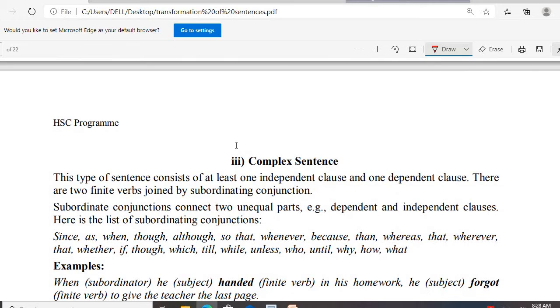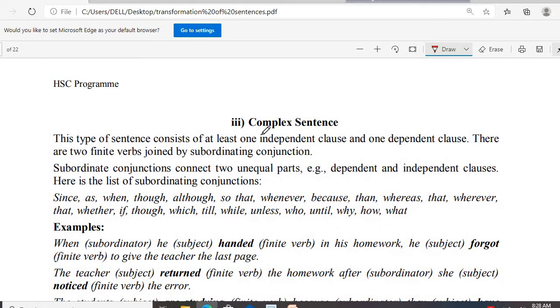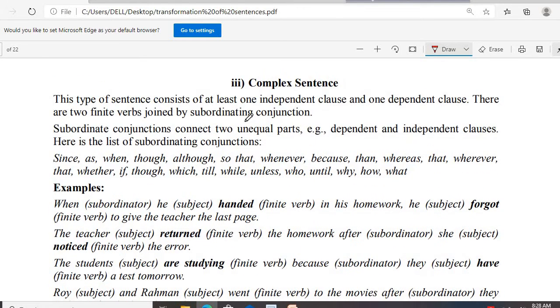Let's see the characteristics of a complex sentence. My dear students, before going to change simple, complex and compound sentences, you have to know clearly the characteristics of these sentences. Otherwise you will have different types of problems.